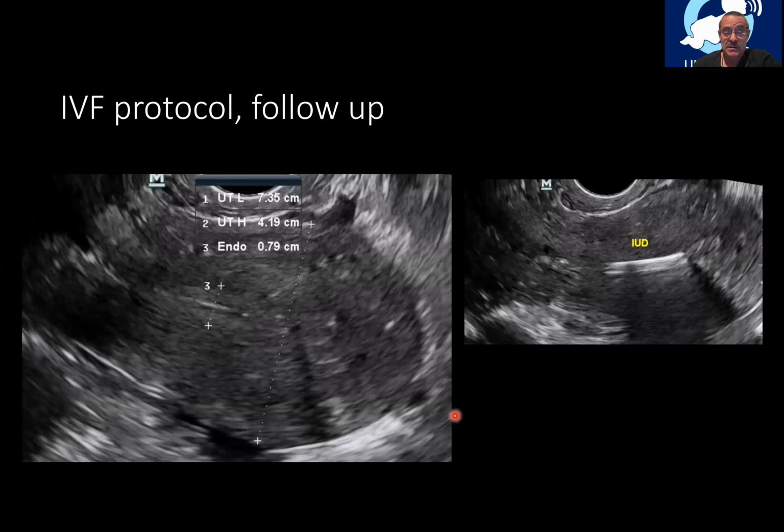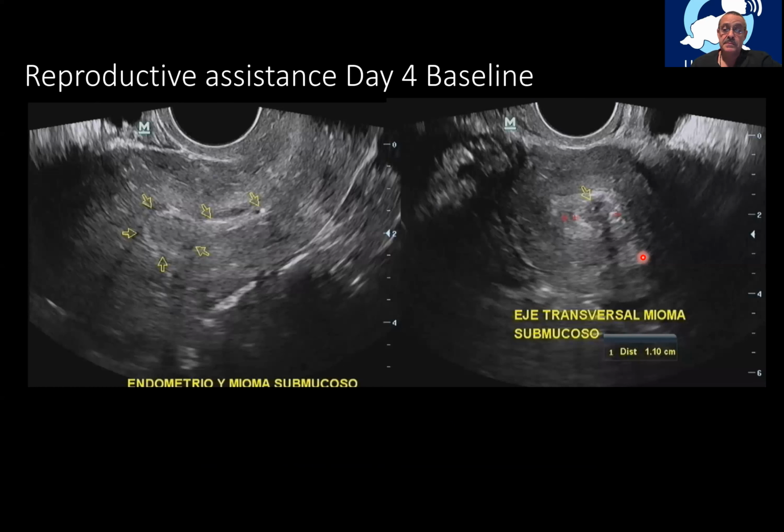And the endometrial lining changes. By the way, we have an IUD inside. This is another patient under reproductive assistance, and we see with her that there's a submucous fibroid. See the round-shaped thing here, which pushes the endometrial lining up or front. And this is the transversal view of that mass.